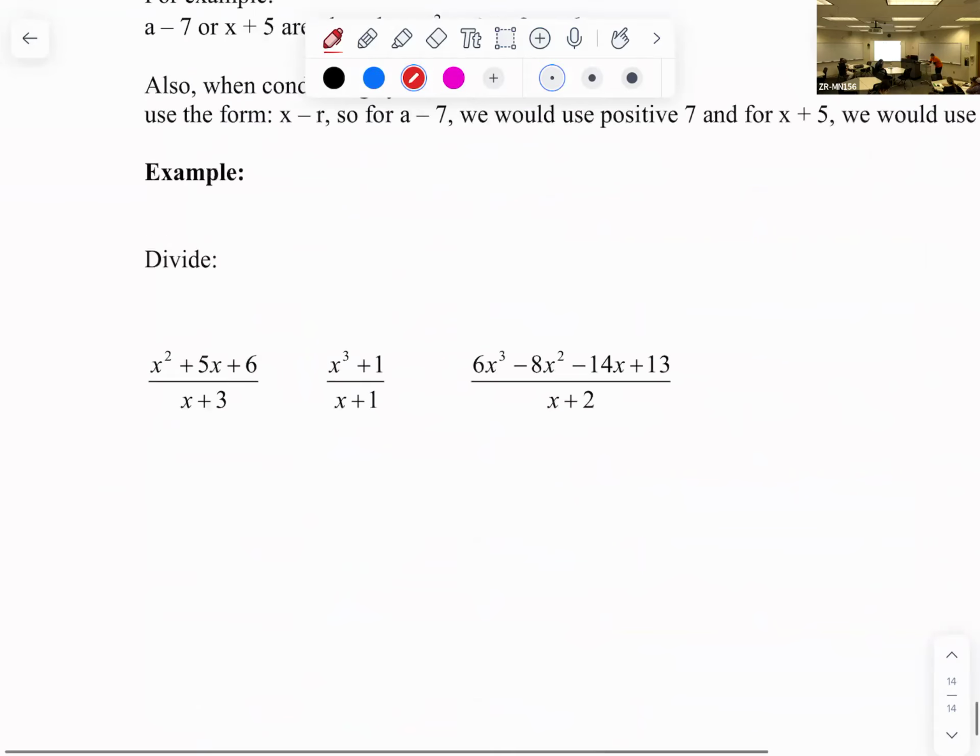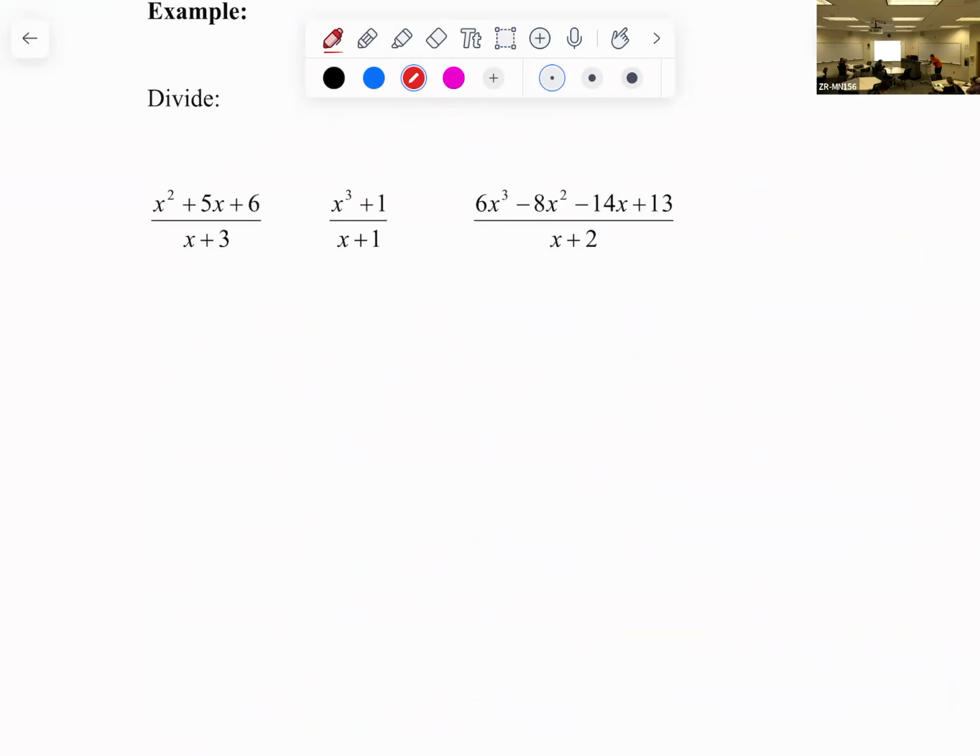Let's start with an easy one. Here's how synthetic division works: only take your coefficients. It still has to be in descending order. So 1, 5, 6. I'm dropping all the x's, but I still have it in descending order, and if I'm missing any, I have to fill those in too.